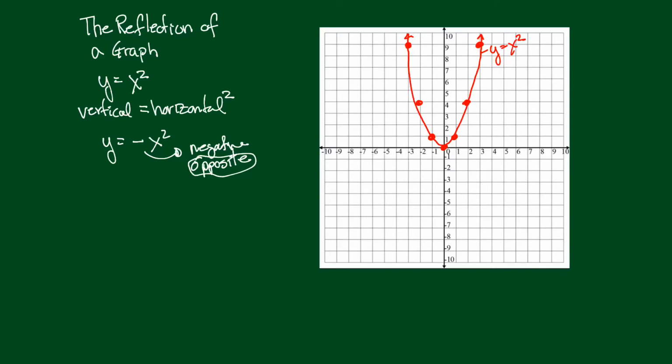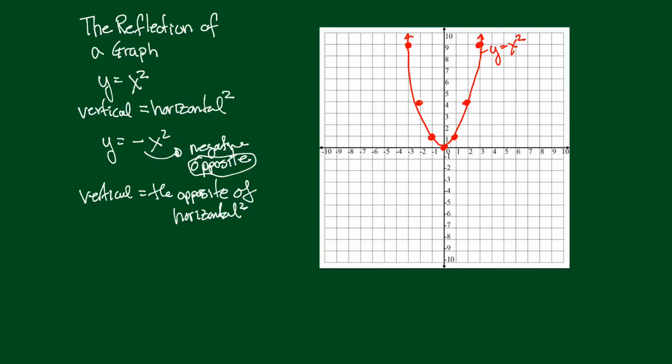So what I'm seeing here is that the vertical movement that you make is the opposite of the horizontal squared. And the opposite is coming from that negative sign, right? The vertical is the opposite of the square of the horizontal.